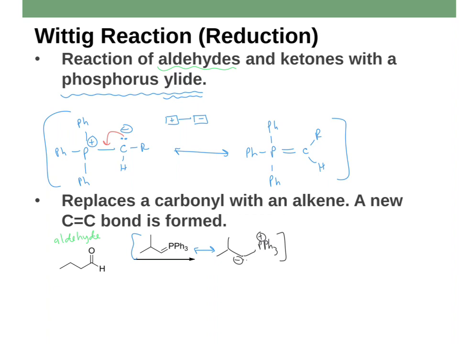So what do I mean by that? I'm just going to replace this oxygen right here on the carbonyl. That's going to be gone. I'm going to look at my ylide. Right here was the triphenylphosphine piece. That's going to be gone. And I'm going to stick those two pieces together. So I have this piece right here with an H, and there's a double bond going off to who knows what.